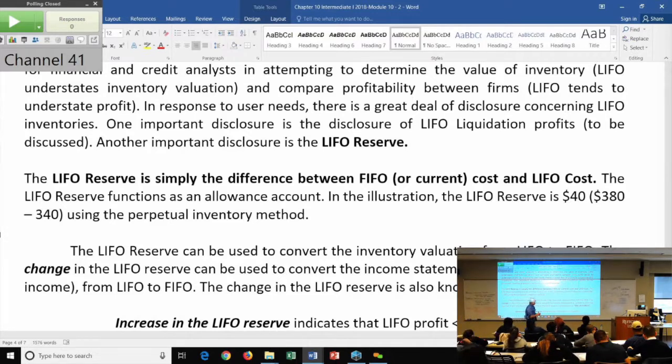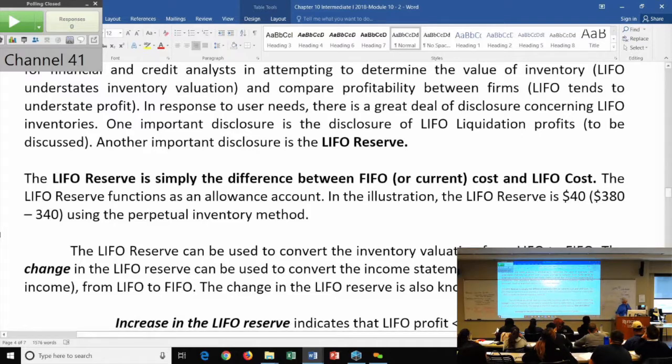Make an adjustment, higher cost of goods sold, lower inventory. Now your financial statements are under LIFO. But in the footnotes, we give you enough information to convert it. So I'm going to give you that $40. So you're going to know how to convert it. So you can adjust all those ratios. And that's known as the LIFO Reserve.